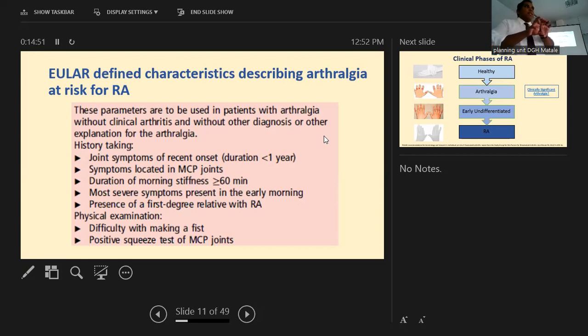These are the people in the OPD or somewhere you need to catch and refer to the rheumatologist or internal medicine specialist early. And whoever comes like this needs a long-term follow-up to see if they develop features of inflammatory arthritis subsequently.